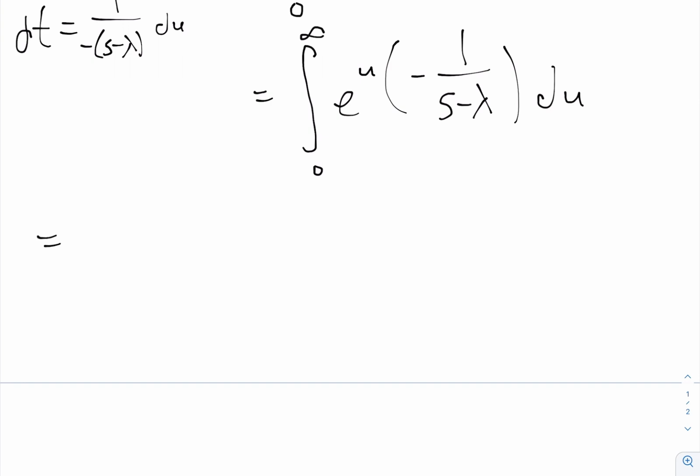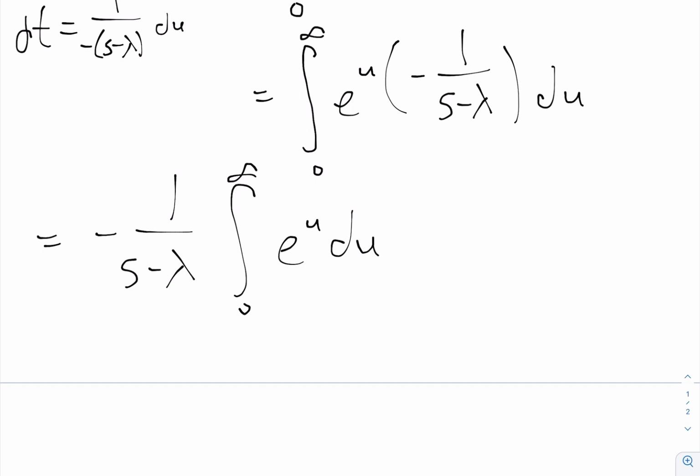I'm going to start from the left now. Negative 1 over (s minus lambda), that's just a constant, like I said, right? This integrand is in terms of u, so we're going to factor out that negative 1 over (s minus lambda). And then we're just going to rewrite the integral from 0 to infinity of e to the u du.